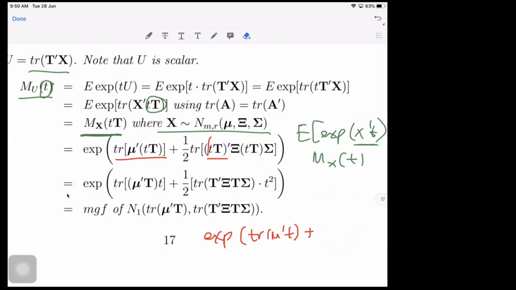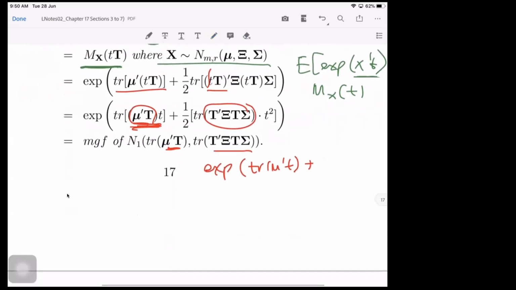So that form is now the moment generating function of mu prime t. What is the dimension? The mu as a whole, the trace, and then the sigma term, because t is scalar.